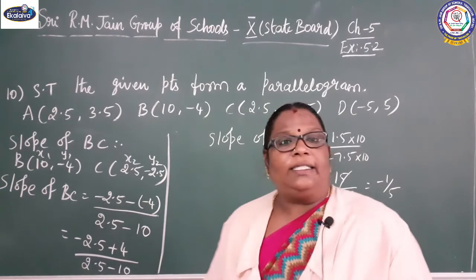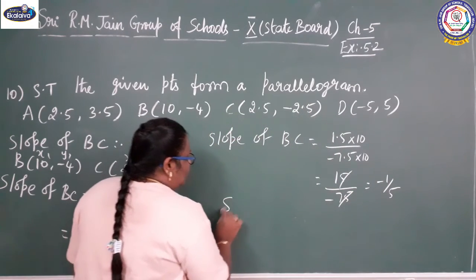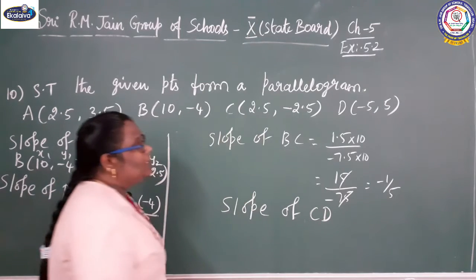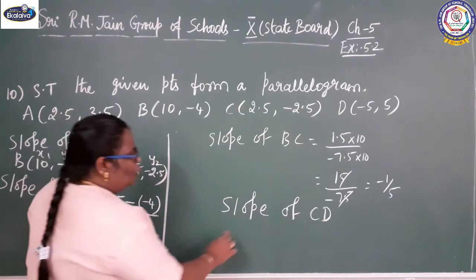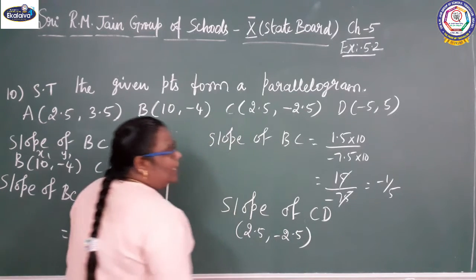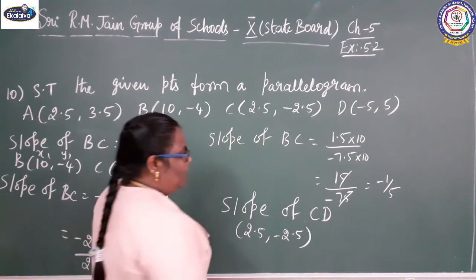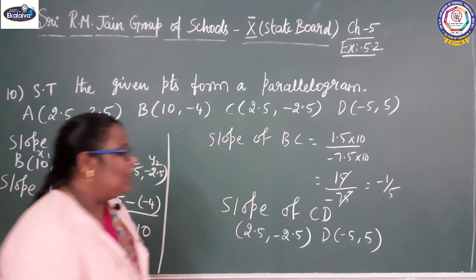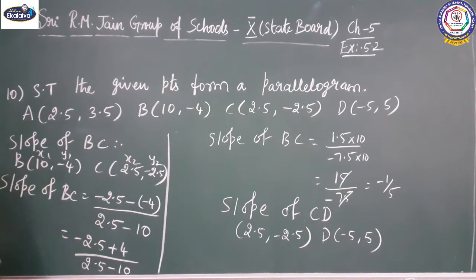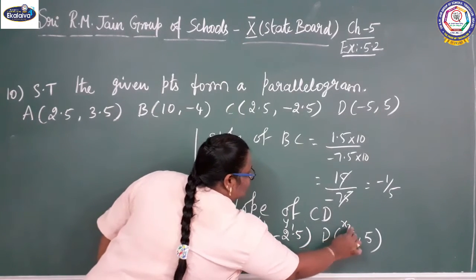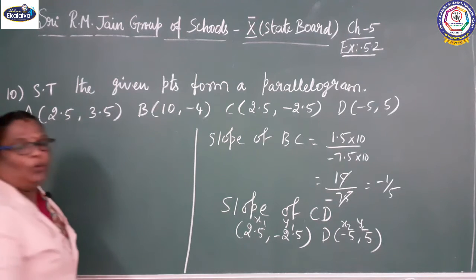So next you are taking slope of CD. What is the value of C here? (2.5, -2.5) and D value is what? D value is (-5, 5).